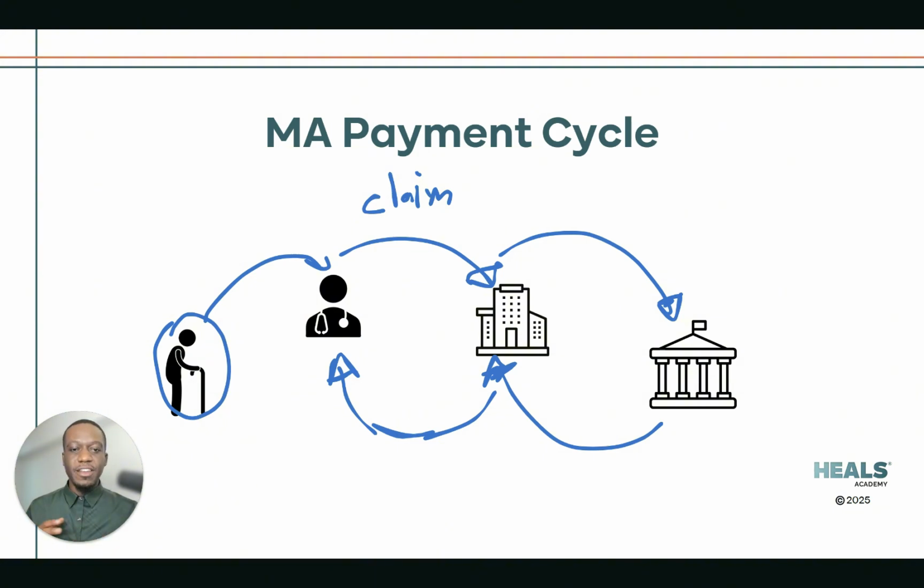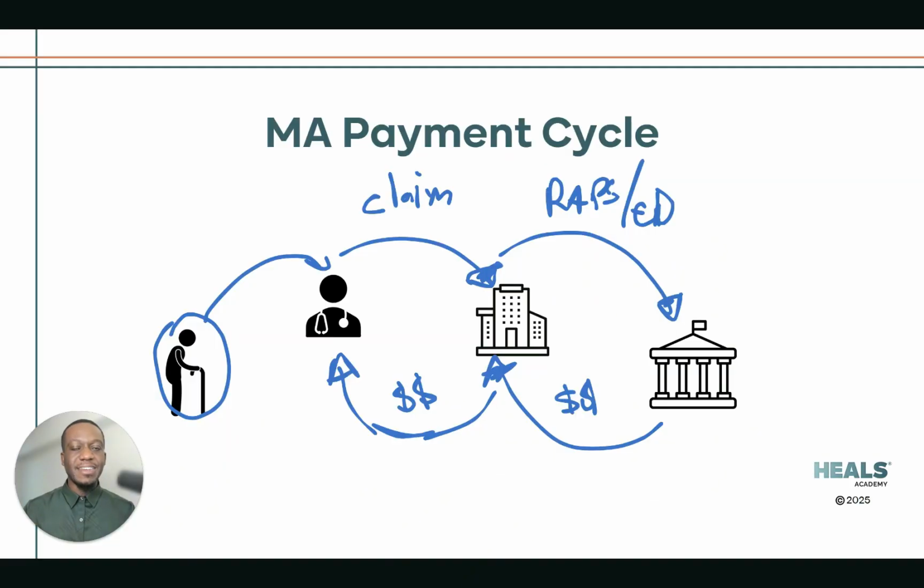Beneficiary and provider interaction, provider to health plan through the claim data, and then the health plan to CMS through either RAPS or encounter data, and money flows from CMS to the health plan through capitation payment, and then money flows from the health plan to the provider as well through the arrangement that they have together. And that is the general payment cycle.